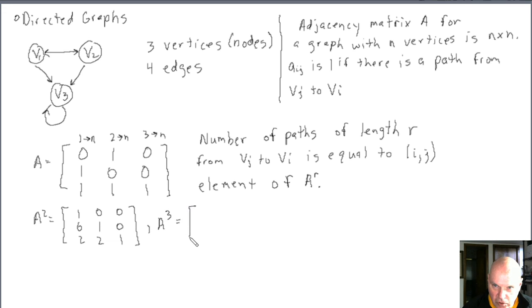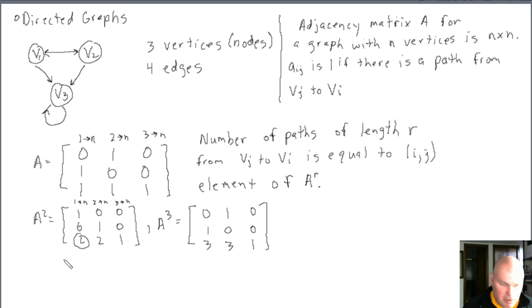I also could have computed A to the 4th or A to the 5th, but A cubed was 0, 1, 0, 1, 0, 0, 3, 3, 1. Now, what this represents: this is from node 1 to other nodes, node 2 to other nodes, node 3 to the other nodes.